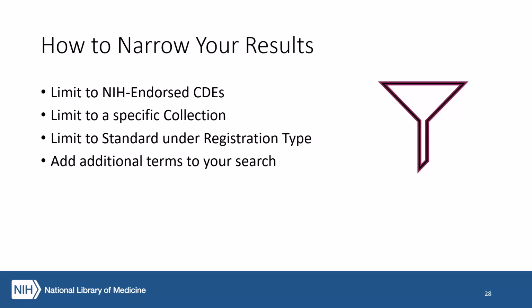Is there a condition or disease that the pain is associated with, like a fracture? Is there an activity or movement that you're trying to gauge pain during, like walking? You can add these terms to your search to see if a more specific CDE is available.